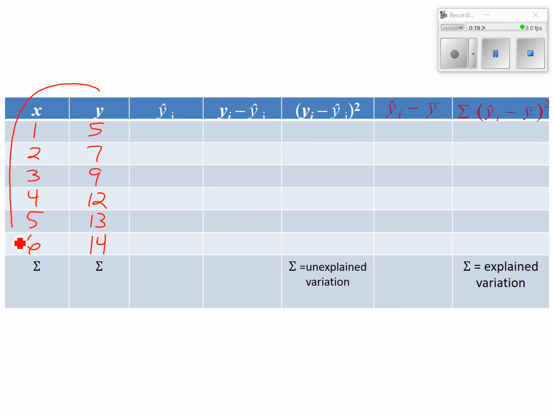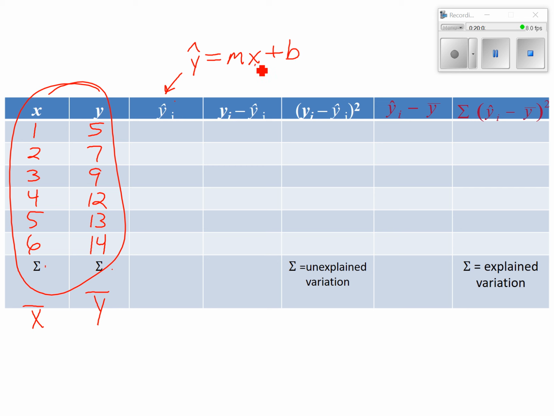If we're given this, you can find the sum of each one of those, add them all up, find the sum of all the X's, and then figure out what X bar is by dividing by how many of them there are. You could do the same thing for the Y's and find out what Y bar is by dividing by how many of them there are. For the predicted values, you have to use your equation. So y hat equals mx plus b.